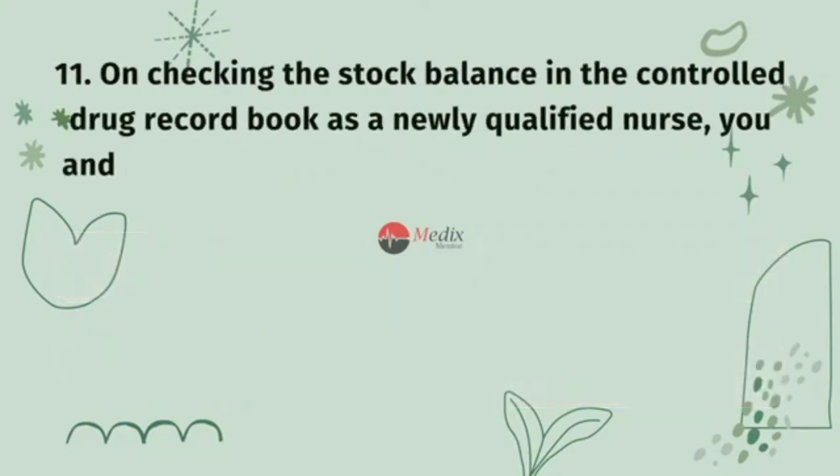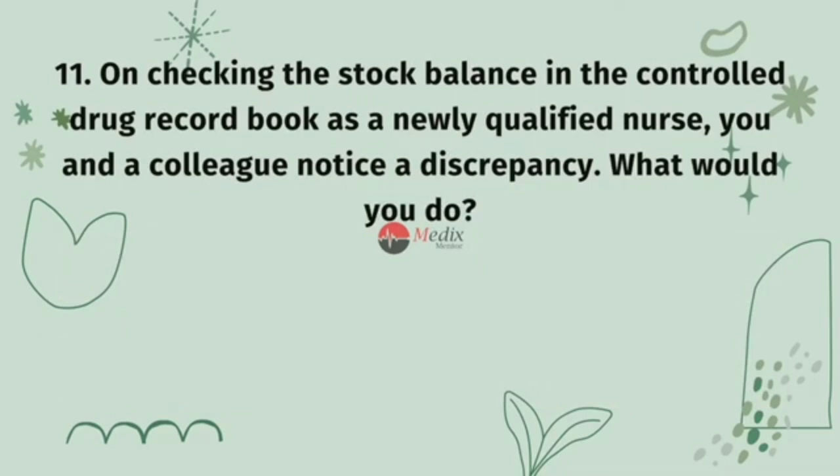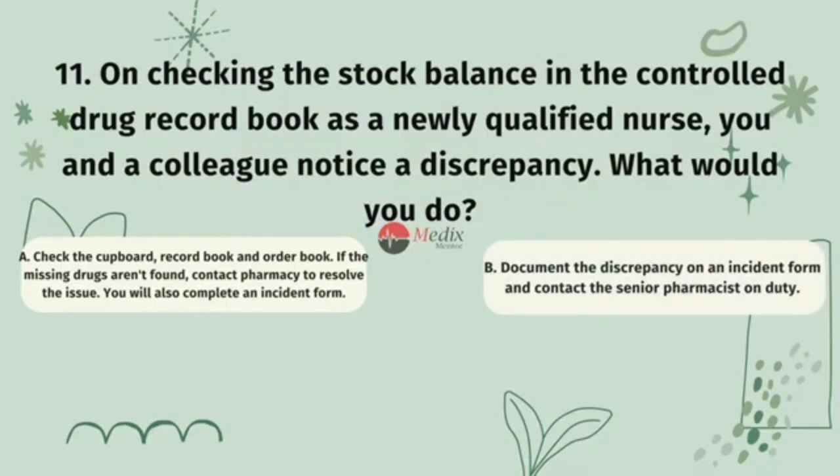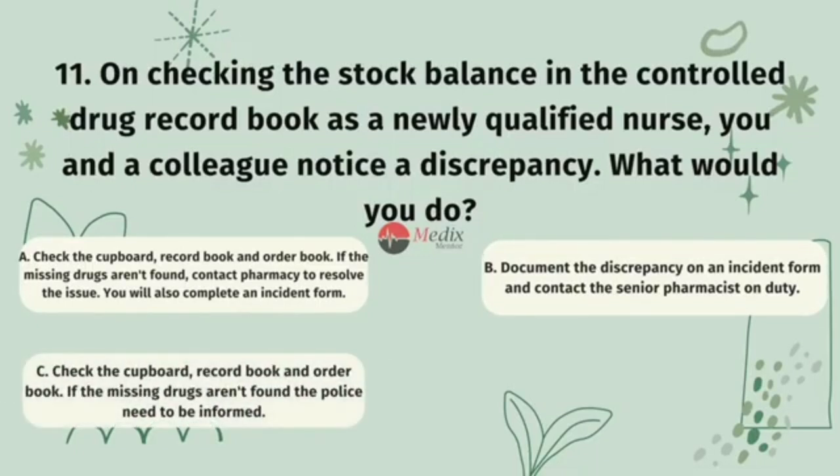Question 11. On checking the stock balance in the controlled drug record book as a newly qualified nurse, you and a colleague notice a discrepancy. What would you do? Option A, check the cupboard, record book, and order book. If the missing drugs aren't found, contact pharmacy to resolve the issue. You will also complete an incident form. Option B, document the discrepancy on an incident form and contact the senior pharmacist on duty. Option C, check the cupboard, record book, and order book.